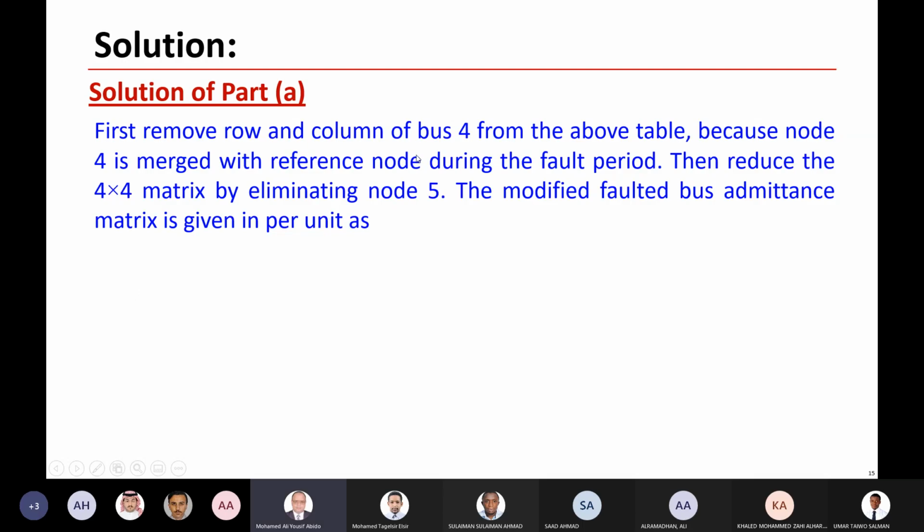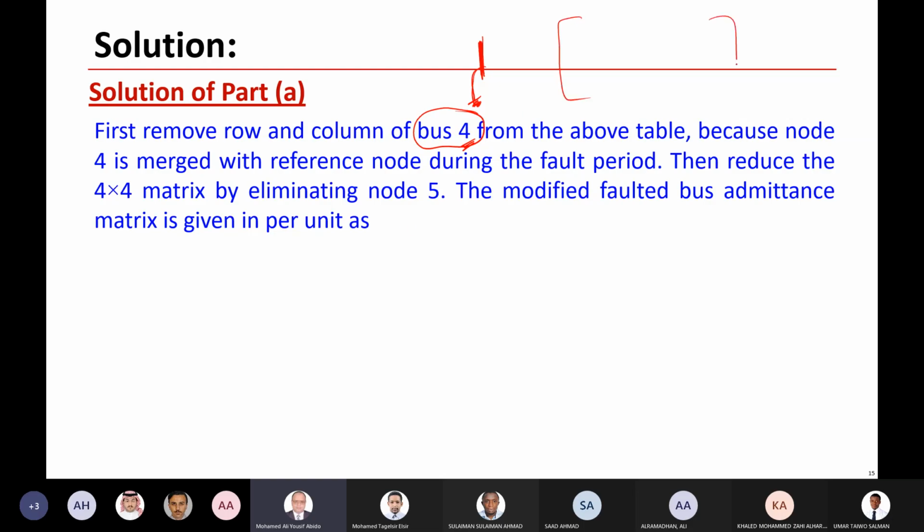First, remove the row and the column at bus 4, and this is during the fault, but we will start developing the swing equation during the fault. Now we have a solid fault at bus number 4, and bus number 4 is connected to the ground now. It becomes our reference. So we will eliminate bus number 4 completely from the Y bus matrix.